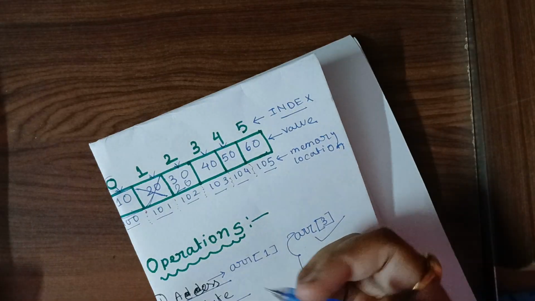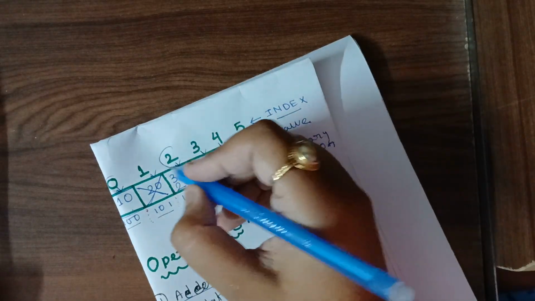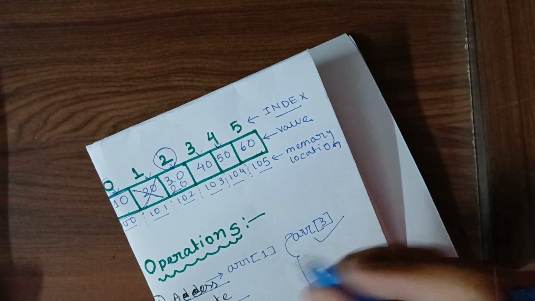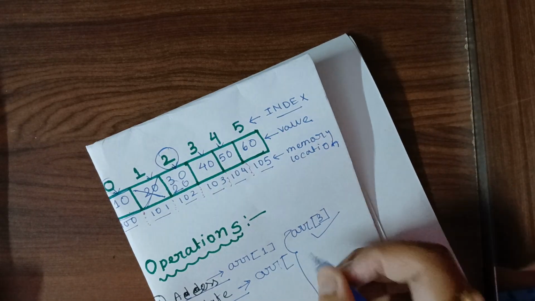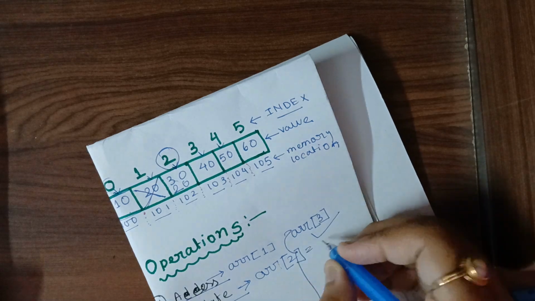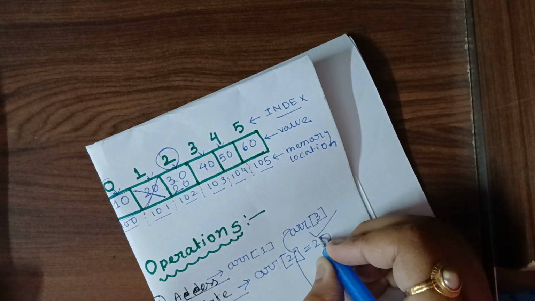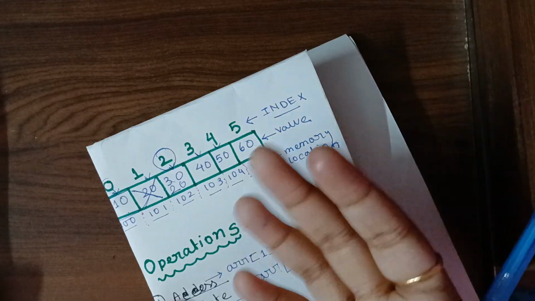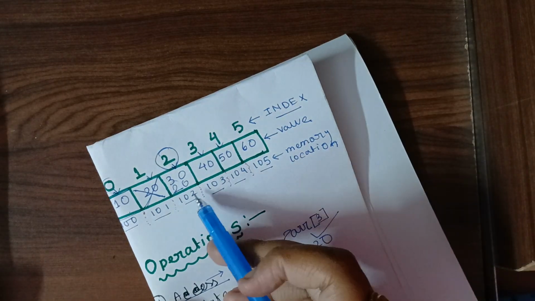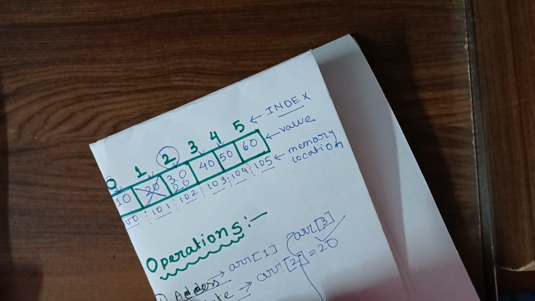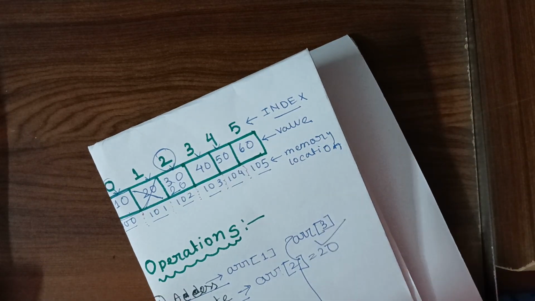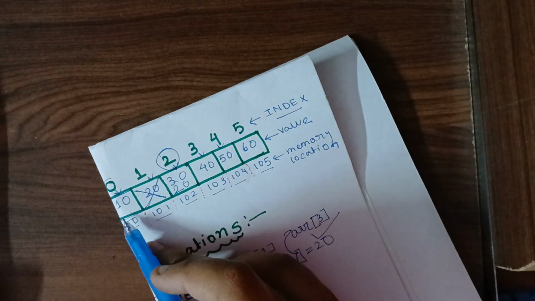How to update? If I need to update the second index value from 30 to 20, then I write the array name, the index value, and equal to the value we need to update. And the second thing is that we can store the same value multiple times in an array. How can I find? For find, we need to traverse all elements.